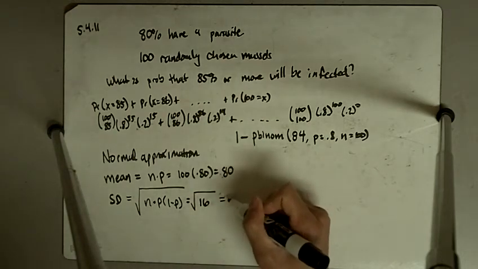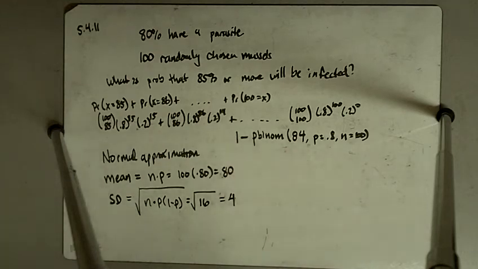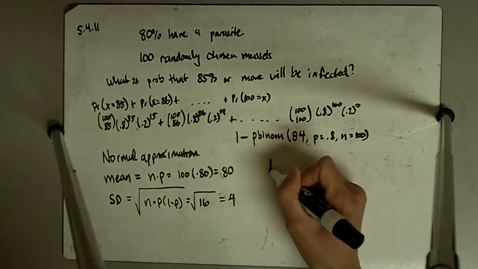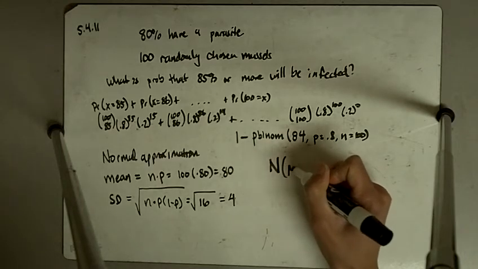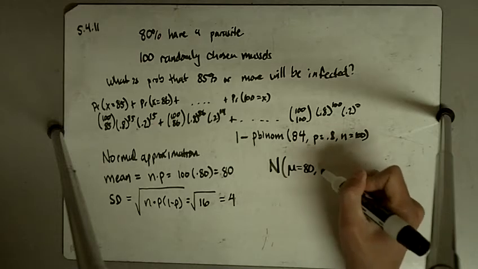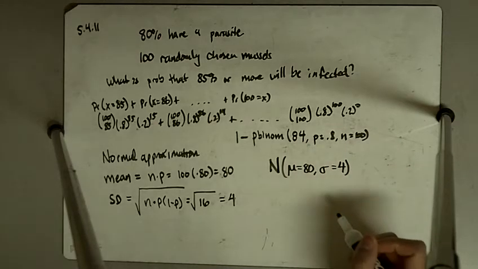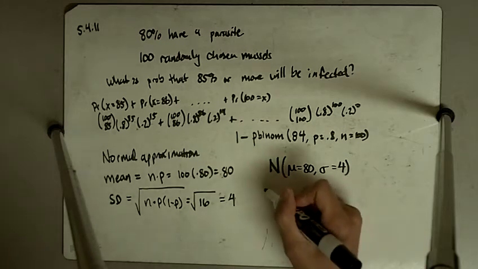My standard deviation is 4. And so now I've got a normal model with mean 80 and standard deviation equal to 4. And I want to know the probability of having 85 or more.